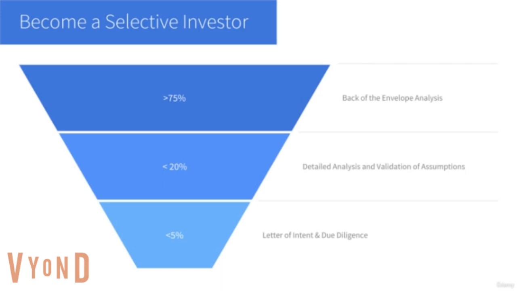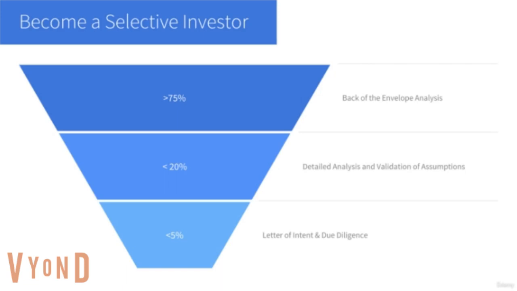Now, for the few that pass that initial assessment, you will do a more detailed analysis and start to validate your assumptions. You're going to see that process in the later case studies in this course, where the financial models are very detailed in their analysis, and it's actually what is done in the field. So at that level, you're looking at less than 1 in 5 opportunities getting that kind of treatment.